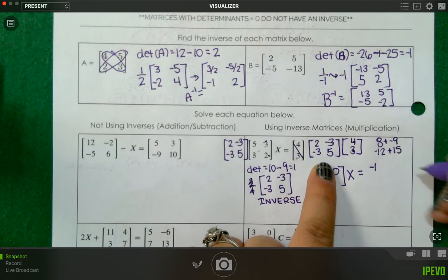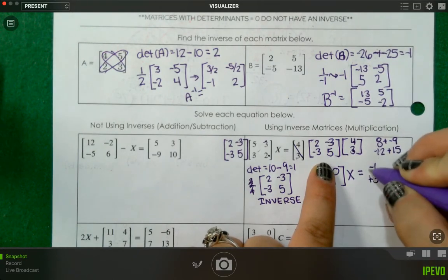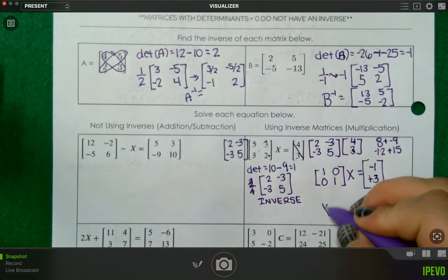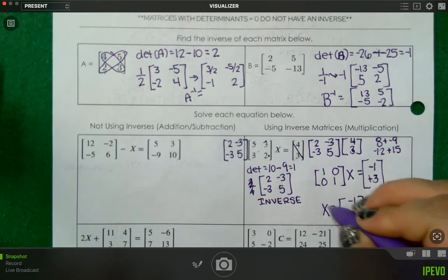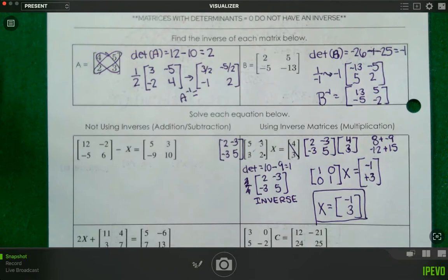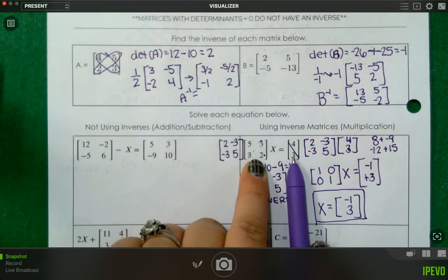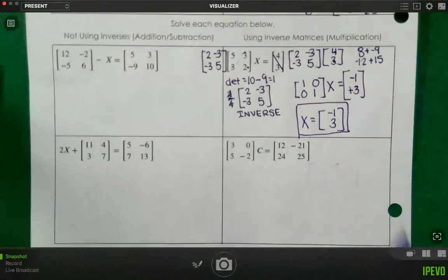And negative 12 plus 15 is positive 3. So really, x is negative 1, 3. I can also check my answer by multiplying these two together again, and I should get 4, 3. Let's do the other inverse one, and then I'll show you how to do the ones that don't require inverses.